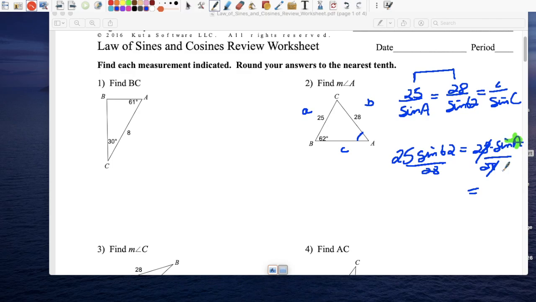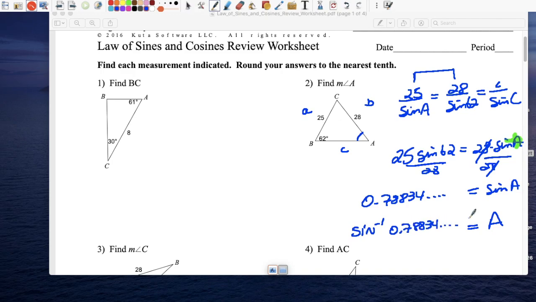We get 25 times sine of 62 divided by 28. Enter. In your calculator, you should have one ugly number that looks like this, dot, dot, dot, and that's sine of A. Right? Now we're going to use the inverse function. So we go A, inverse sine, that number you have in your calculator, 0.78834.